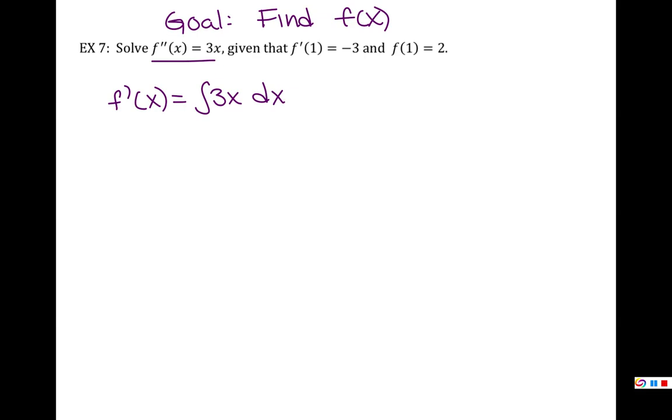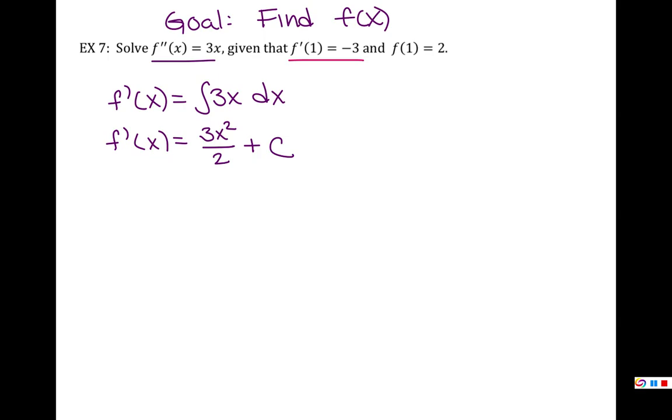So if we find the antiderivative of 3x, that's just going to give me the first derivative. So if f double prime is 3x, then f prime is the antiderivative of 3x. So I guess that would be 3x squared over 2 plus c. And then notice they gave us enough information to find that plus c. We were told that f prime of 1 is negative 3.